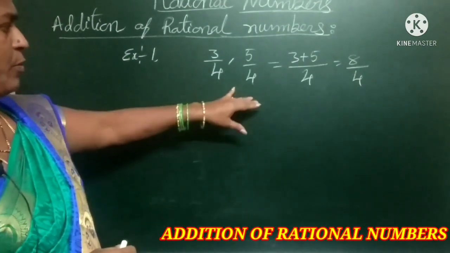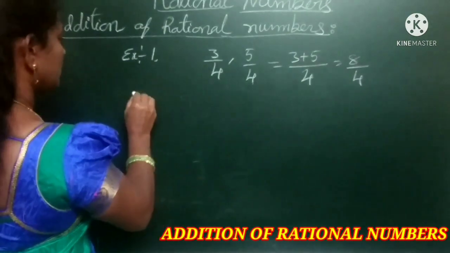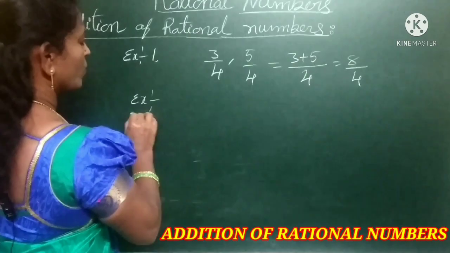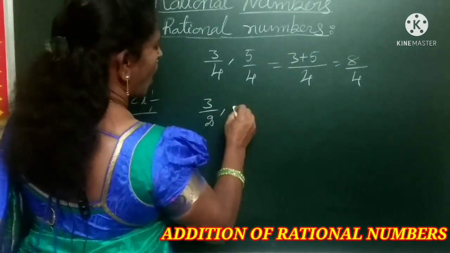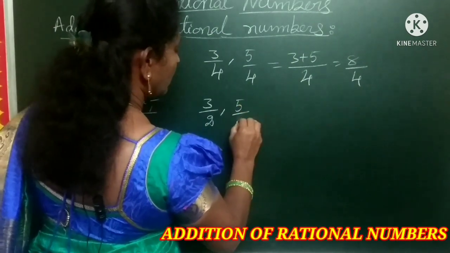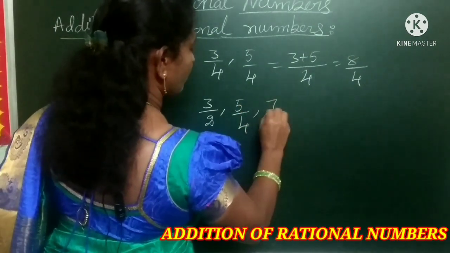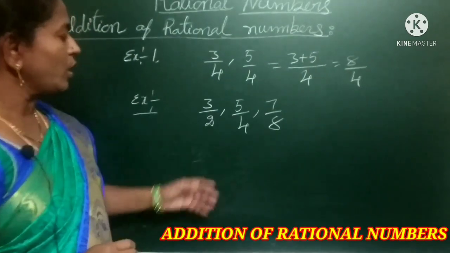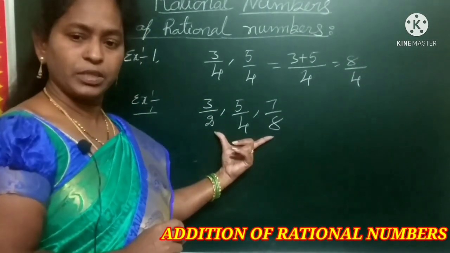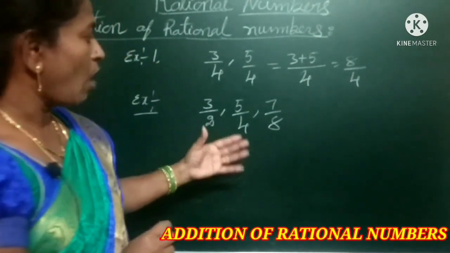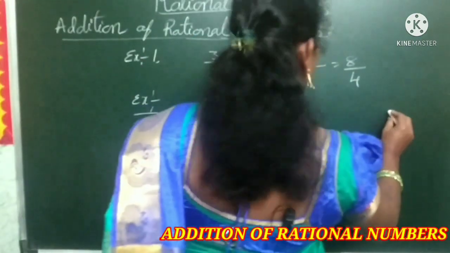But different denominators means, for example, 3 by 2, 5 by 4 and 7 by 8. Observe these rational numbers have different denominators. What should we do? We have to find the LCM of the denominators.